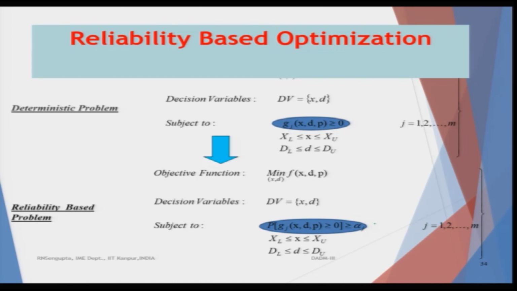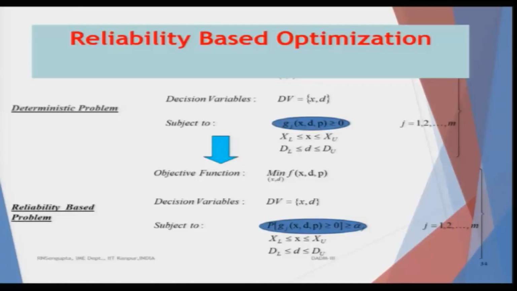So, if there are, say for example, capital J number of constraints, each would have a probability of alpha 1 to alpha J, and these values of alpha 1 to alpha J would be the corresponding levels of reliability which the decision maker has for each and every constraint. So, we will try to take the collective reliability based on which we find out the best optimum solutions.